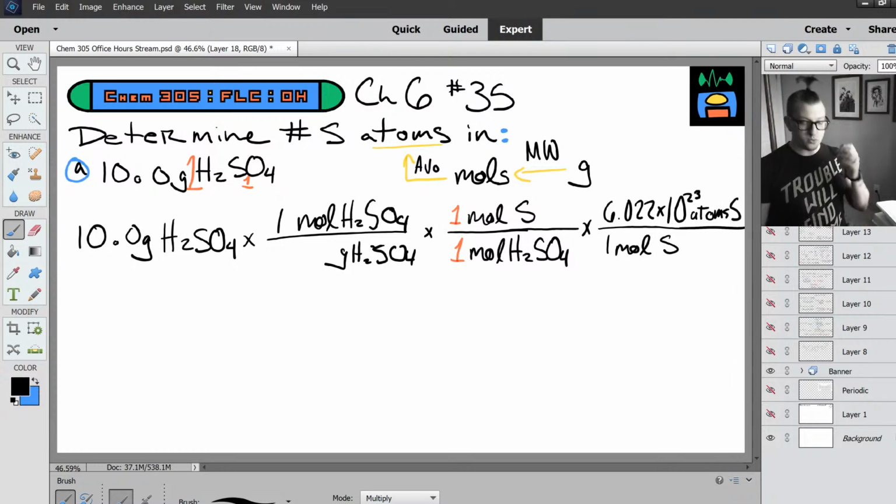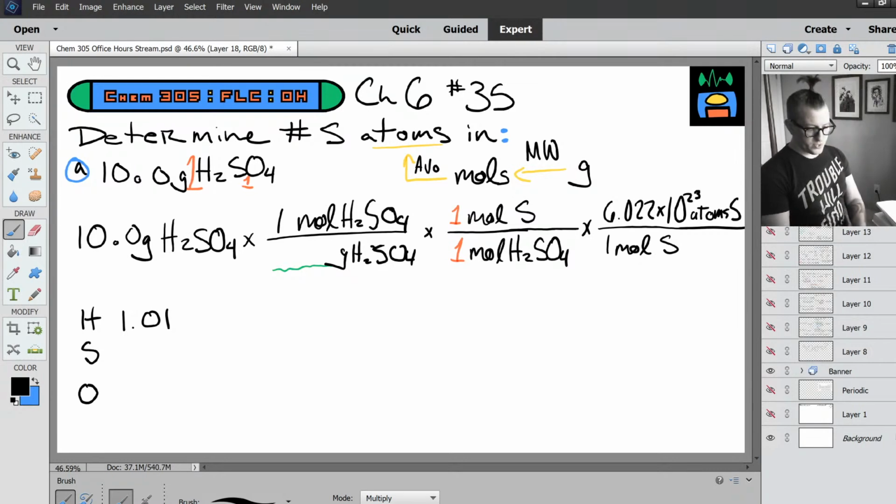All right. So we've got all of our things set up. The only thing we've got to do is figure out what our molecular weight is. And so here we've got to add up our atomic masses. We have hydrogen, we have sulfur, and oxygen.